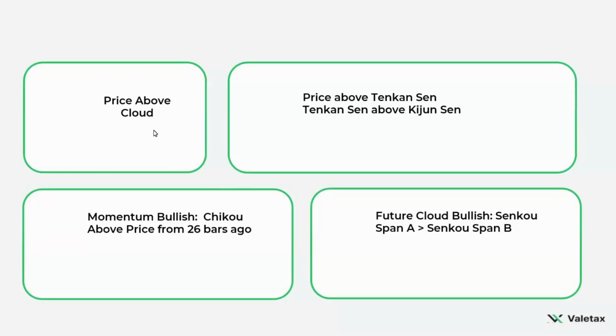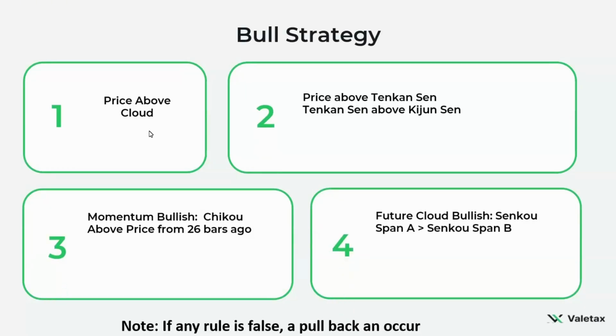So if you look here, this is what you're looking for, a bullish scenario, okay? And let me just do the PowerPoint here. So the bullish scenario here is you want price to be above the cloud. Then you want the closing price to be above the Tenkan-sen, which is the red line.